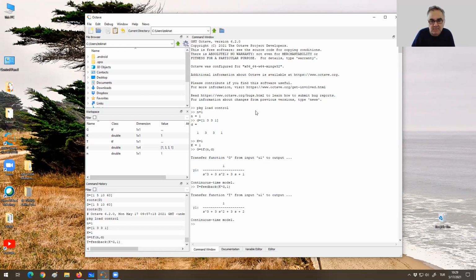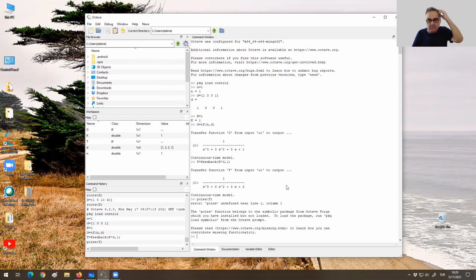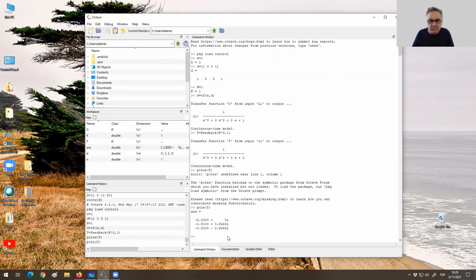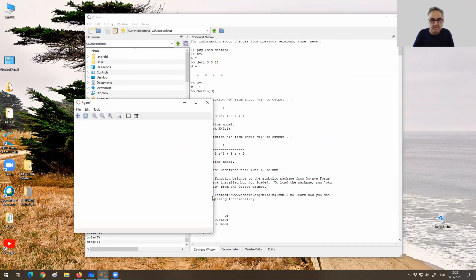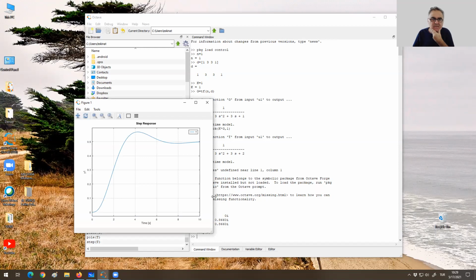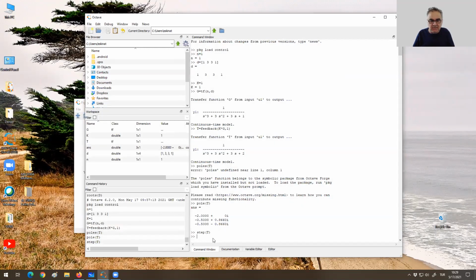Unity feedback. Okay. So the poles of T are, forward, I should say forward. It is positive, and let's look at the step response of this system. It is okay, and the poles are negative.